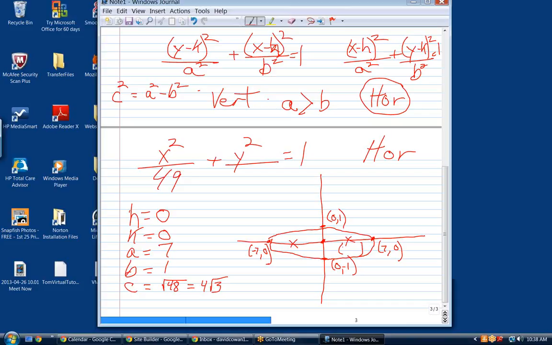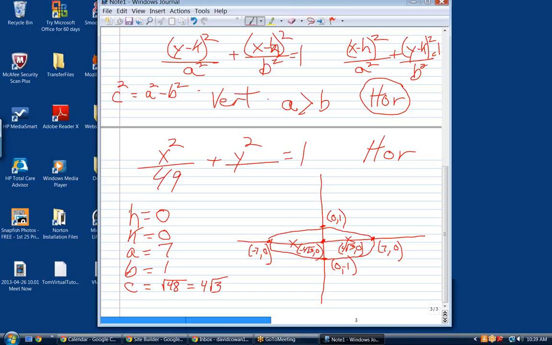So that would be 7 minus 4 root 3, 0. The foci are measured from the center. Oh, I'm sorry, so it would be 4 root 3 and 0. And this one is negative 4 root 3, 0. And that's everything there is to know about that ellipse.